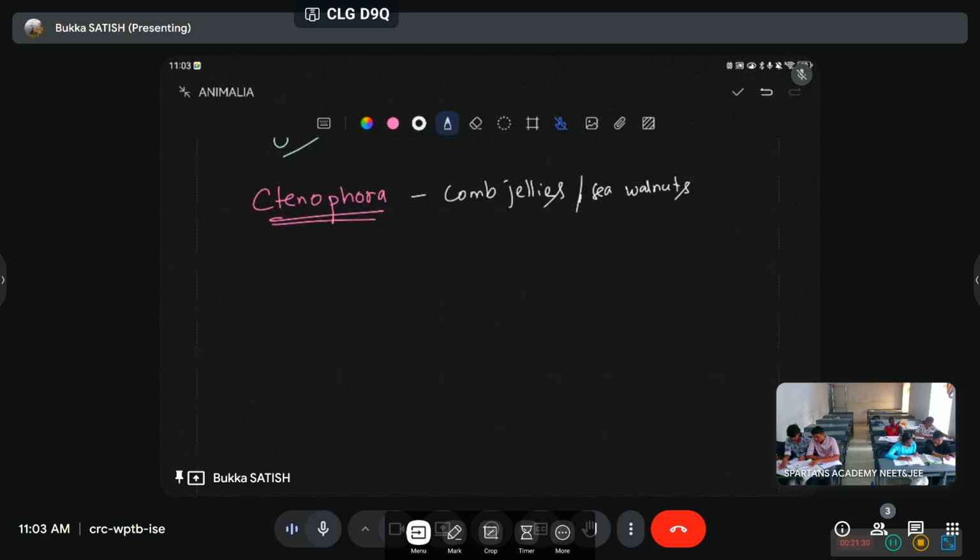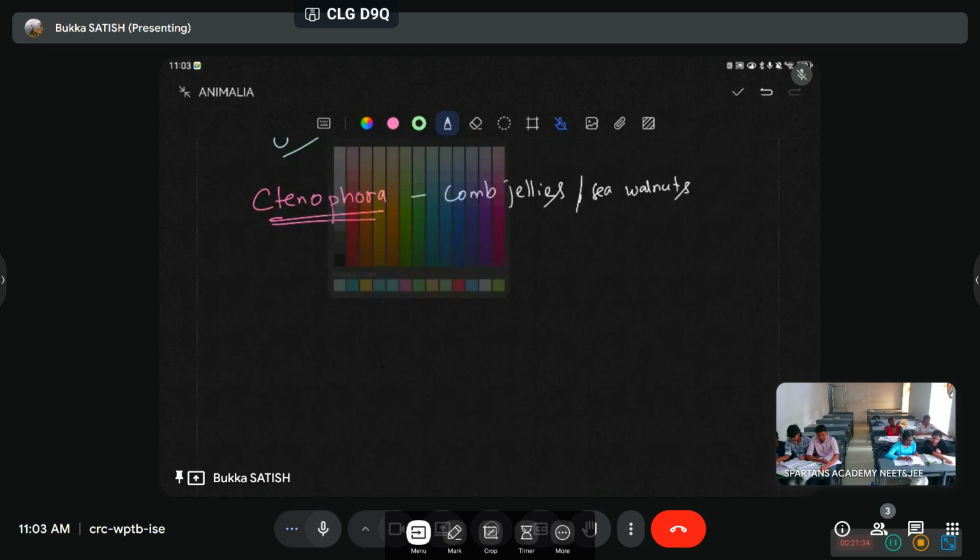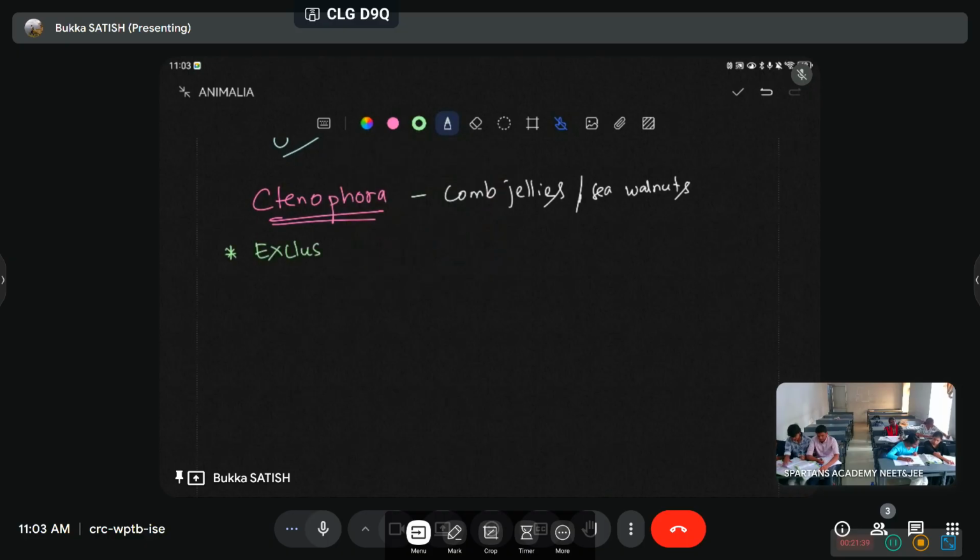Okay, so coming to the exclusive features of this group, these are exclusively marine. Exclusively marine. There are no freshwater forms. All are marine forms only.